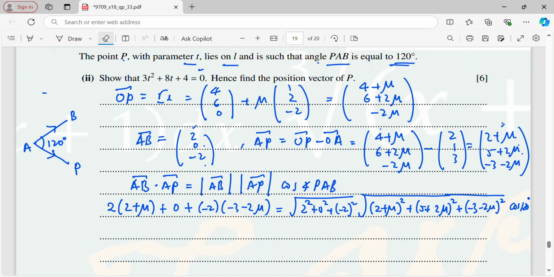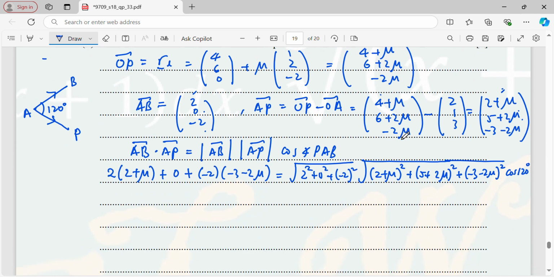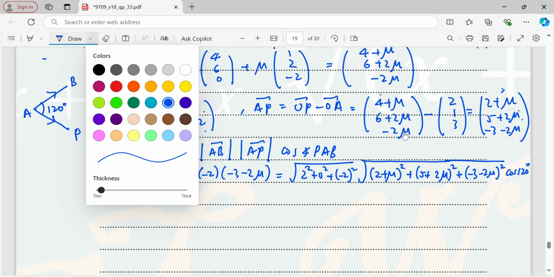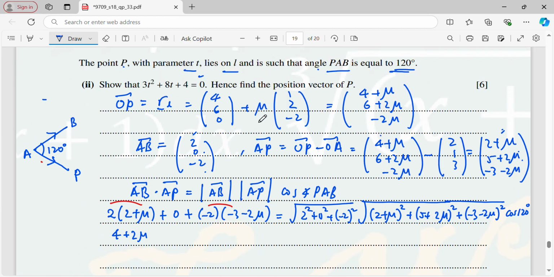Okay, then from here, for the left hand side, just do expansion. So I will be getting 4 plus 2 mu. Okay, then, okay, let me see my RL.